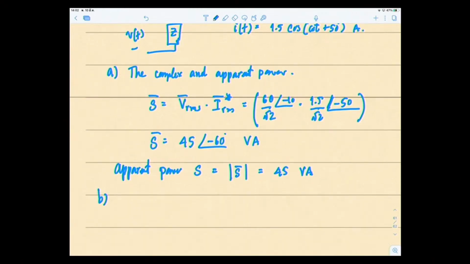Next question: find the real and reactive power.